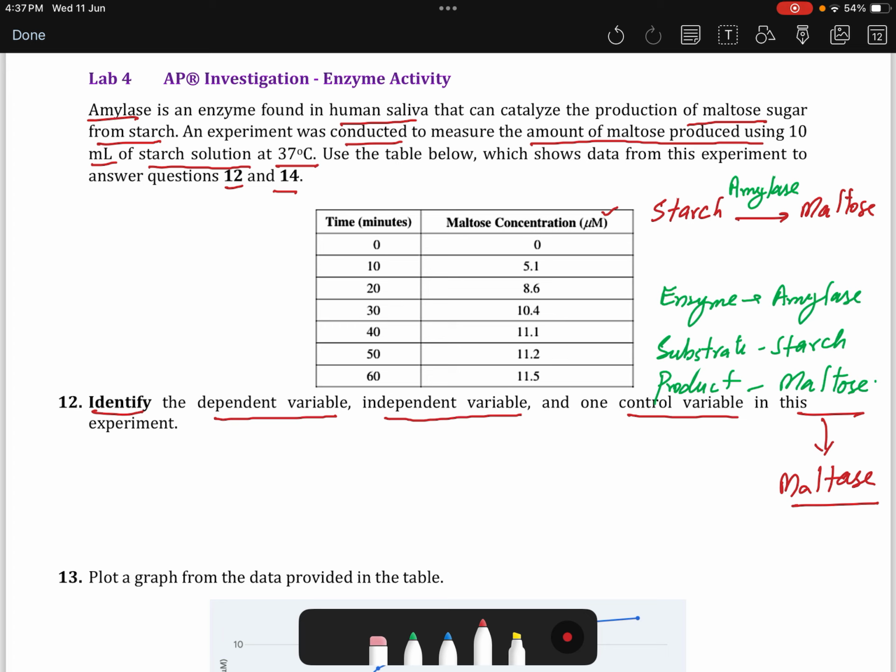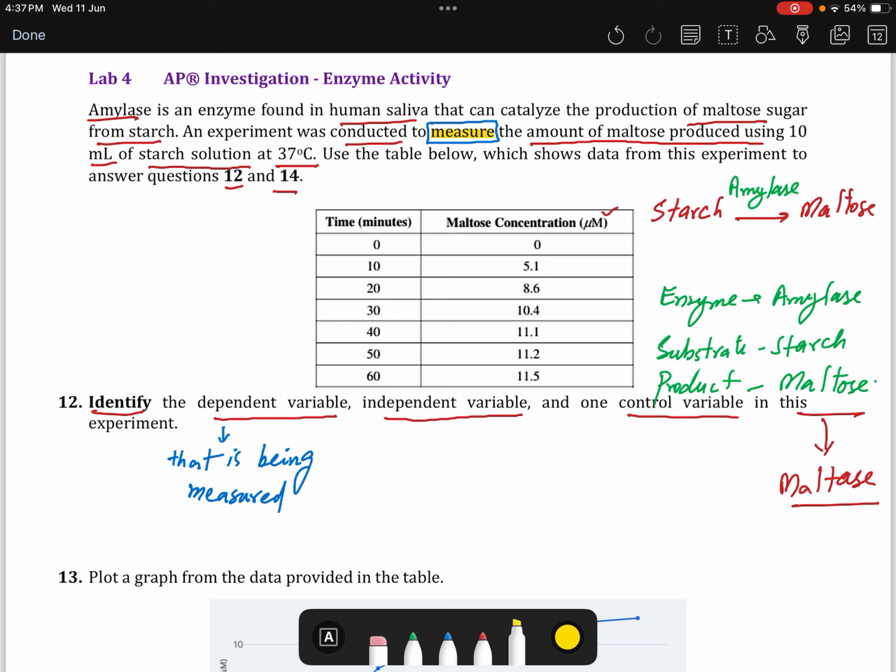Now what do these mean? Dependent variable is the one that is being measured. It can vary from reaction to reaction. So what is the dependent variable in this one? Look into the statement above, what they are measuring.